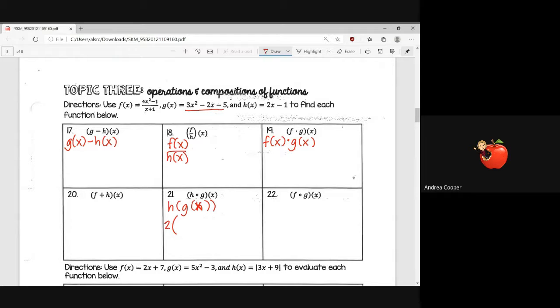Instead of x, I replace it with what g is. So you have 6x squared minus 4x minus 10 minus 1. So 6x squared minus 4x minus 11. Okay, that is composing functions, putting one into another.